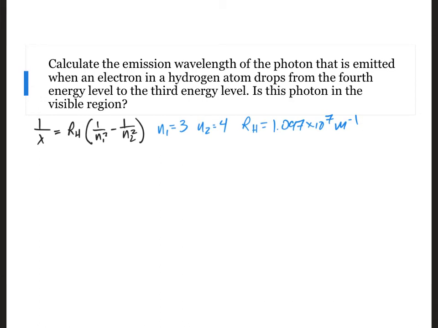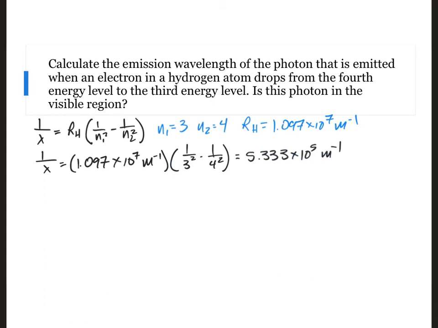Plugging these values in, we get 1 over lambda equals 1.097 times 10 to the 7th reciprocal meters times (1 over 3 squared minus 1 over 4 squared) equals 5.333 times 10 to the 5th reciprocal meters.